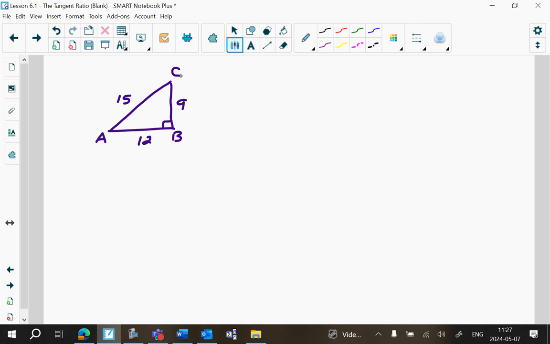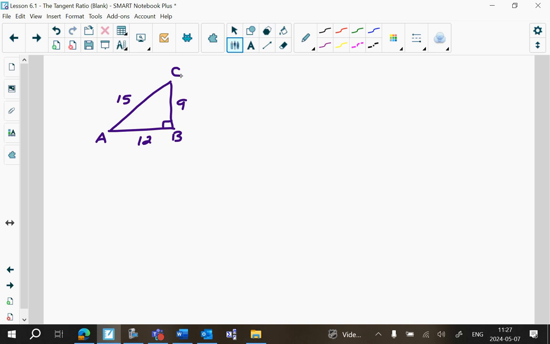I'll never ask you on a question like this what side is opposite angle B, because we talk about the acute angles. Then we talked about a special type of ratio called the tangent ratio. It's the ratio of the side opposite the acute angle in a right triangle over the side adjacent.